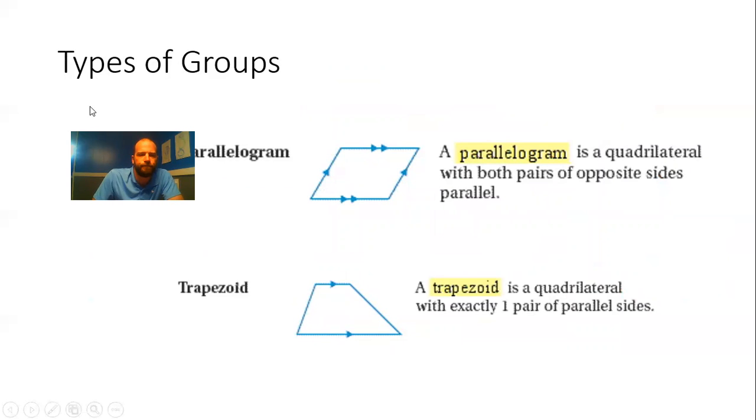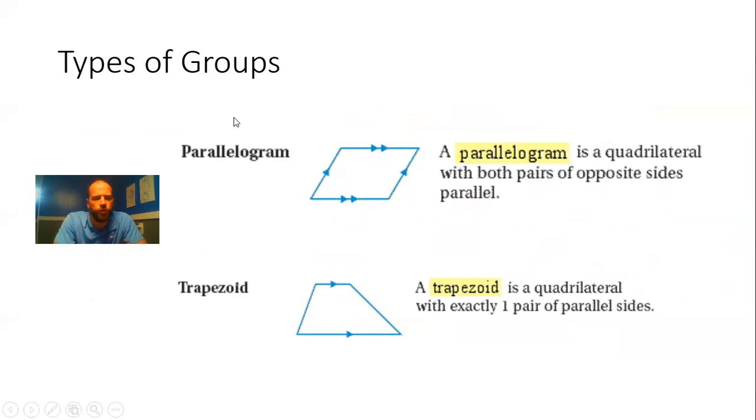The first two groups we will talk about are parallelograms and trapezoids. So if you are a four-sided figure, we are going to ask, now you have four sides, do you have two pairs that are parallel? So let's say your top and bottom, are they parallel? Meaning they're never going to intersect. Parallel means you're never going to intersect. Like the L's in the word parallel, those are parallel.